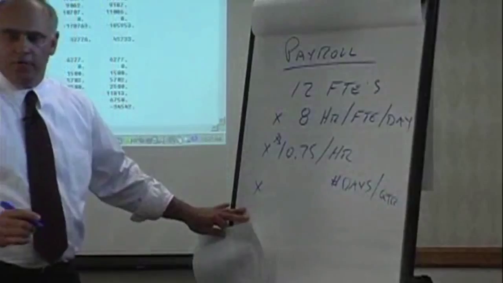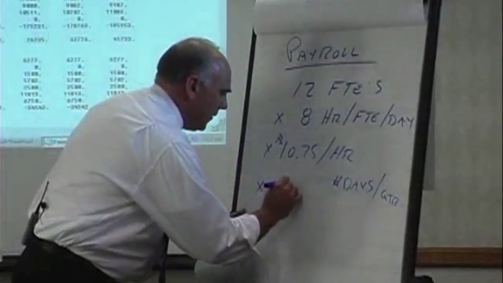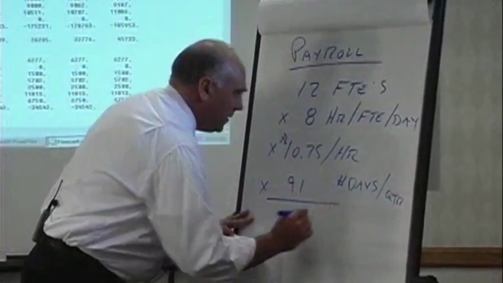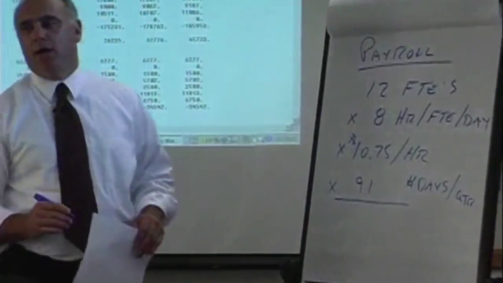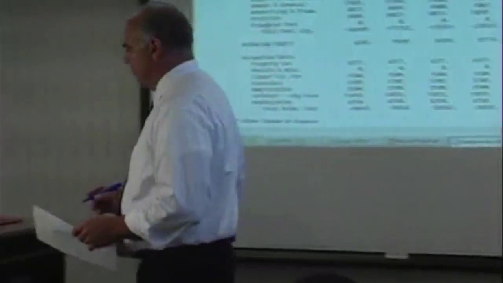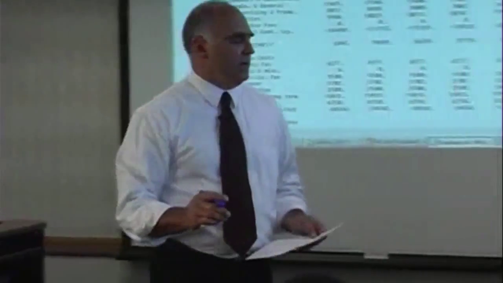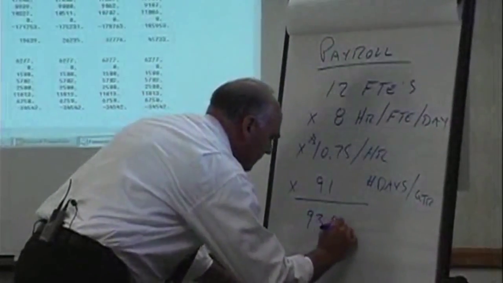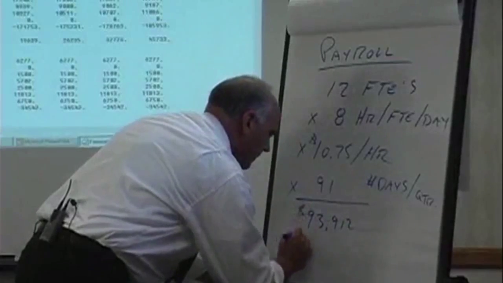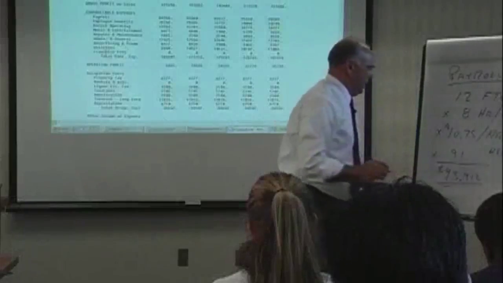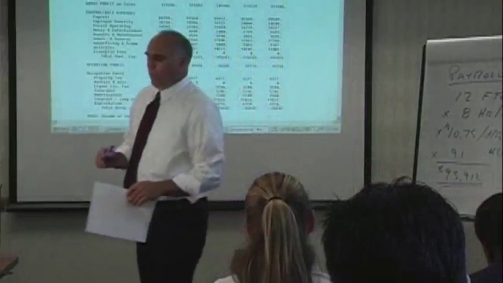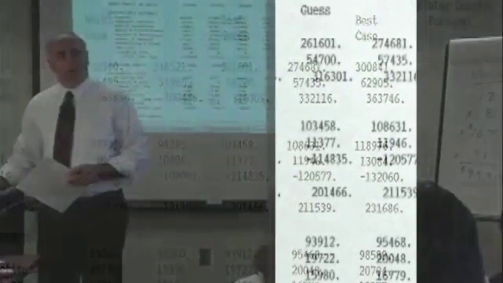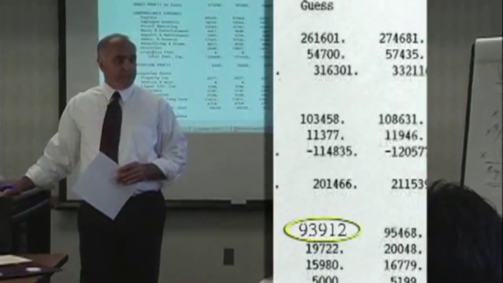And at our place, we are operating 91 days a quarter. If you take the time to run that calculation, you'll find that the payroll is $93,912, which is the amount that's been recorded in the middle column for payroll on our projected statement of income.